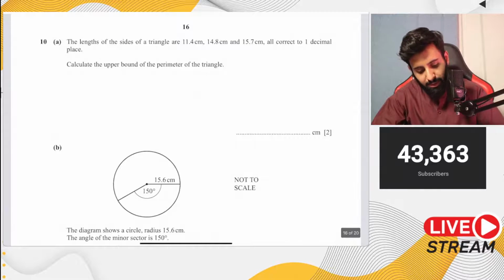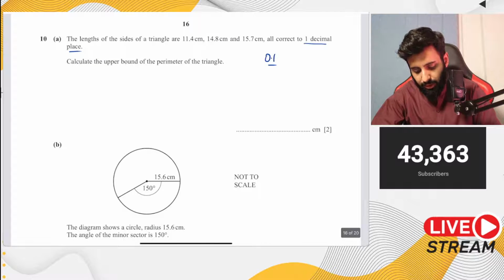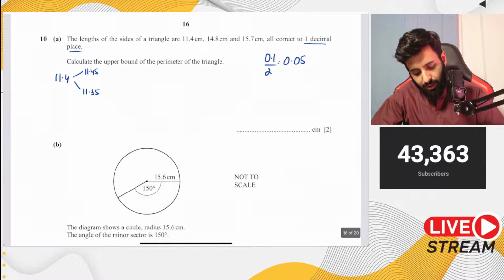Correct to one decimal place basically means what? 0.1. And that's the value that you're going to divide by 2 to calculate the upper bound and the lower bound. So we have 11.4, the upper bound will be 11.45, the lower bound will be 11.35. You have 14.8, the upper bound will be 14.85, the lower bound will be 14.75.